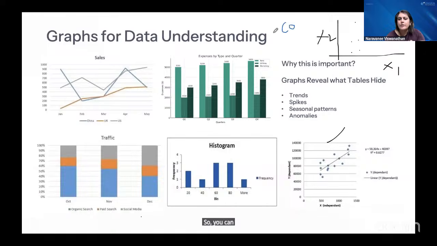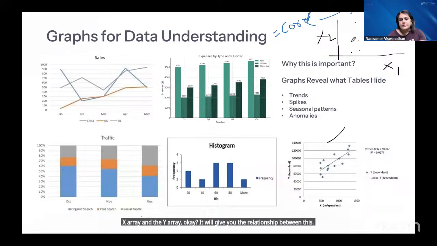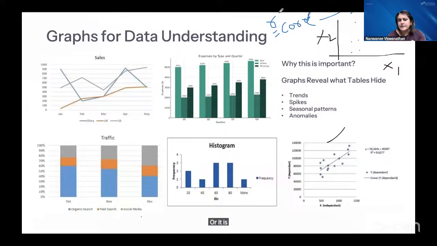You can use the formula equal to CORREL, and then you put the x array and the y array. It will give you the relationship between this. So this is called the correlation coefficient, or it is the small r squared. This correlation coefficient measures the relationship between these two, x1 and x2. Is it clear, everyone?